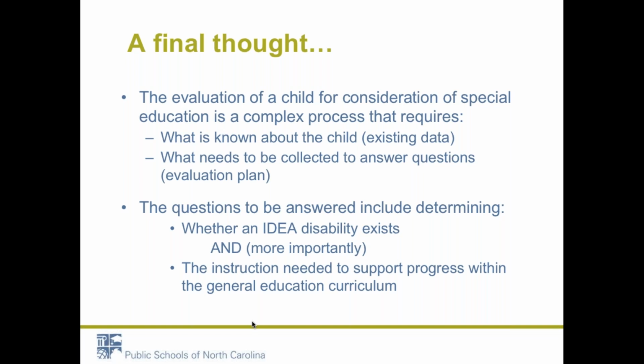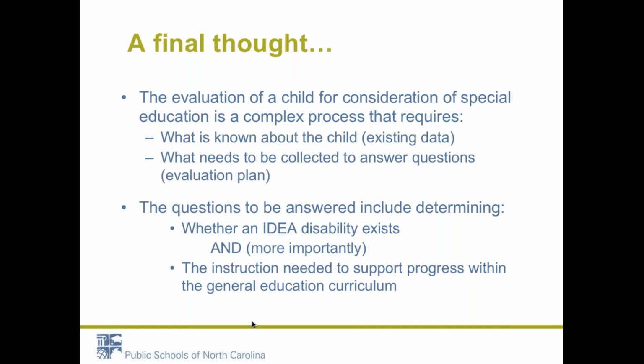So when we determine what needs to be collected, we are in essence designing a precisely written evaluation plan, which may include the collection of additional diagnostic information and also all those other things that we talk about when we talk about the educational evaluation planning of the student, for the student.